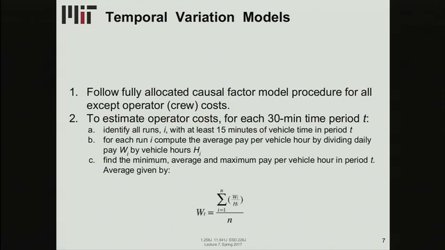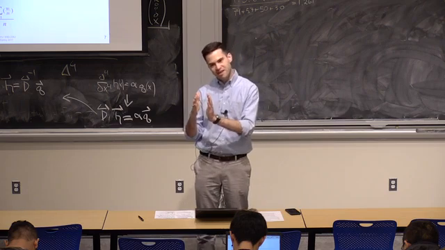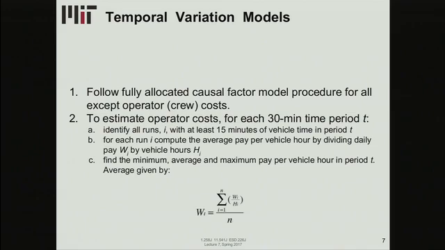So now we have an average again, but it's by time of day for a small bucket of time. And then for each of those, we find the minimum, the average, and the maximum. So we're not only going to look at averages, we're going to also look at the distribution of costs along each period. And this is just an equation for average.